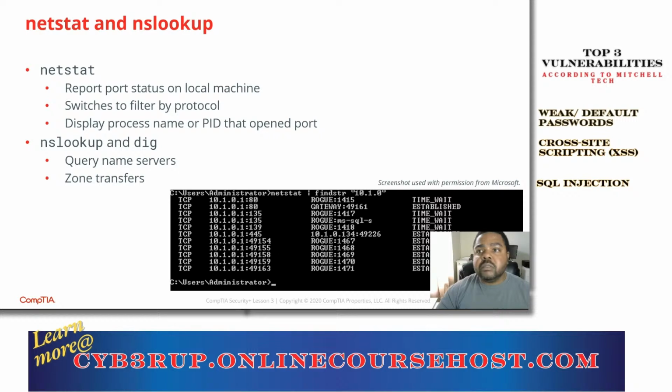But these nslookups allow us to use DNS references. DNS stands for Domain Name Service, and it allows us to say it's google.com, and then we can get an IP address saying that it's 8.8.8.8. I think that's too many 8s, but you get my drift, right? So we can use an English version, or whatever language you may speak, to translate it into an IP address version, so we can break things down to see exactly where things are going.